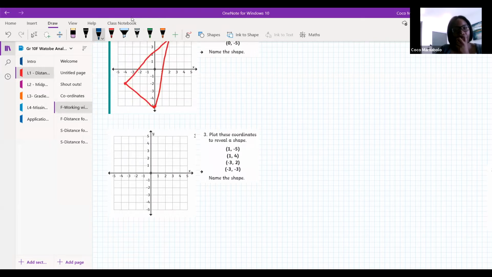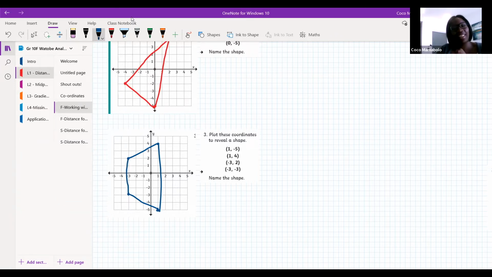If I get 1, -5, all the way down here. 1 and 4. -3 and 2. No, that's -3 and 2. Yes. Okay, and then -3 and -3. So if I join these, what kind of shape do I get here, guys?